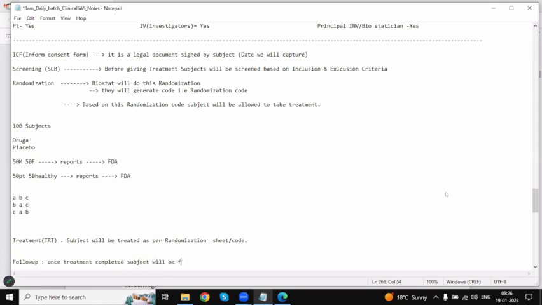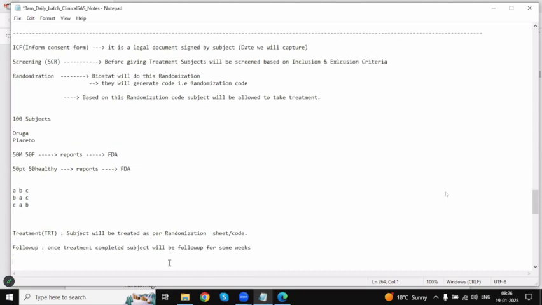Subject will be followed for some weeks or days, meaning how the health condition is remaining, with health checkups and all. Once the follow-up is done, with this we complete the study.